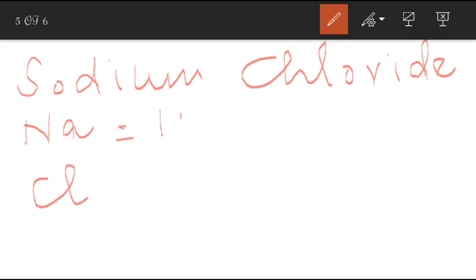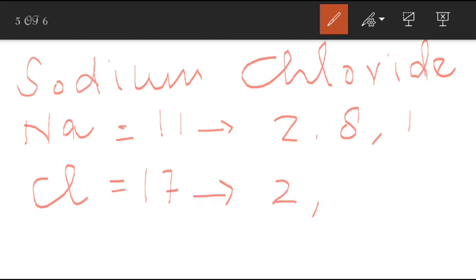Atomic number of sodium is 11 and that of chlorine is 17. So their electronic configuration is 2, 8, 1, and electronic configuration of chlorine is 2, 8, 7. This is K shell, this is L shell, and this is M shell.